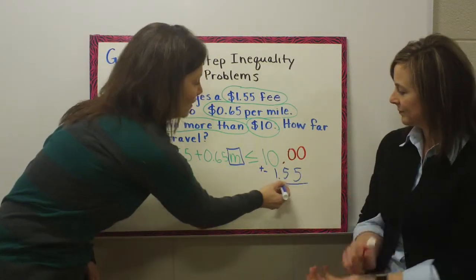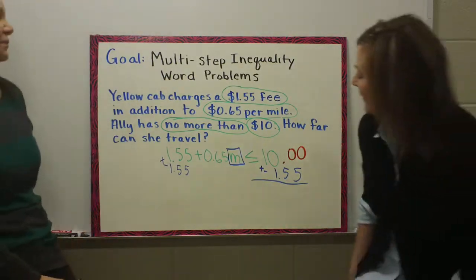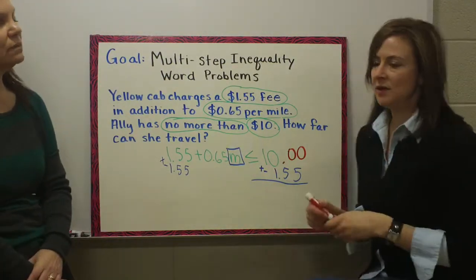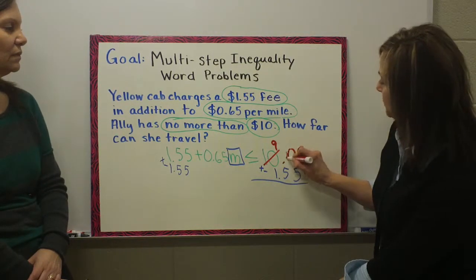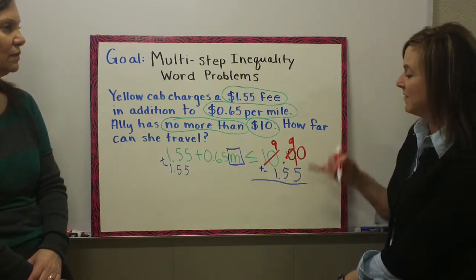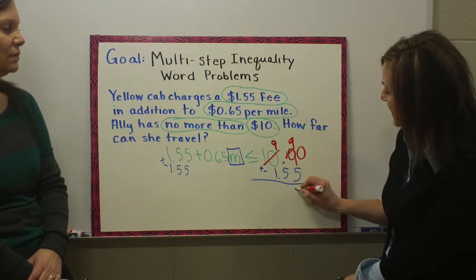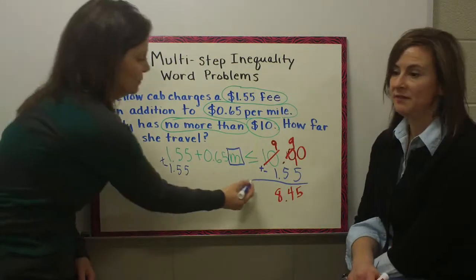Oops, my 5's hardly lined up. I think I'm going to have you reach over this time. All right, I can handle that. Luckily, you have your calculator. We should have thought of that. So I'm going to do some renaming here so that I can easily take $1.55 away from the $10. That's going to leave me with $8.45.